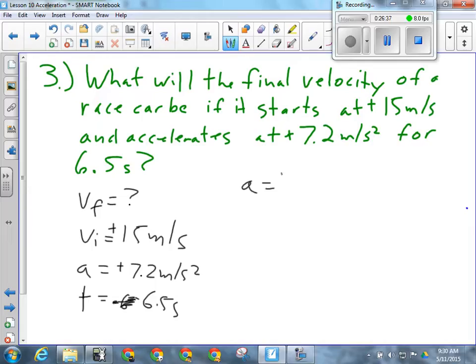Obviously we're using this formula, A equals VF minus VI, over T. We need to manipulate for VF, so I move what's not attached first, which is T. So T comes over here. Now I can move VI by adding it to both sides, so it's gone, and I've got VI plus T times A. Now I can plug in my numbers. My initial velocity was 15 meters per second, the time was 6.5 seconds, and the acceleration was 7.2.